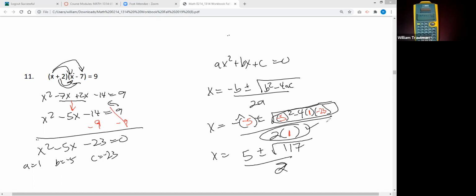Now let's put this in our calculator. 5 plus the square root of 117 over 2. On the calculator, hit the fraction button. 5 plus the square root of 117 over 2.